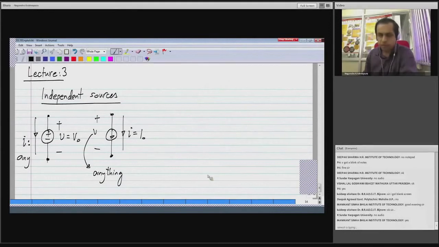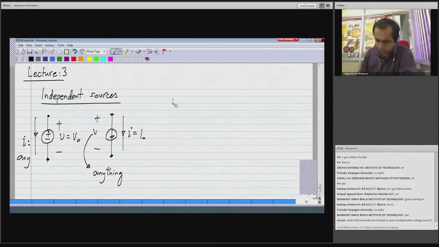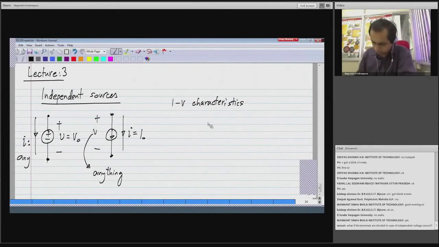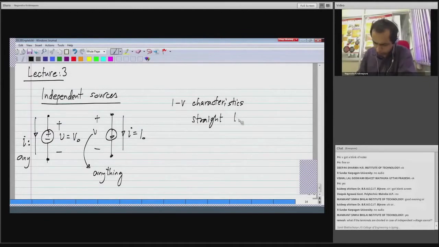We looked at these, and these have IV characteristics, which basically means if I plot I versus V, they are straight lines not passing through the origin.